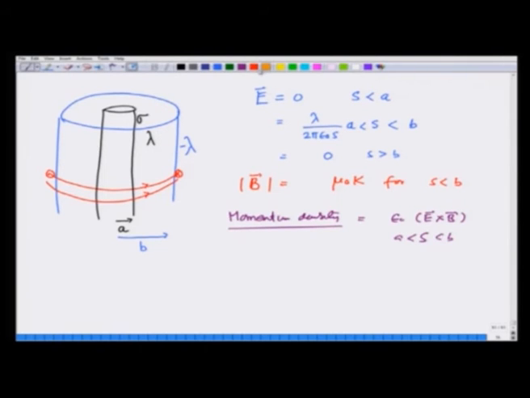Let us see the directions. E field is pointing away from the inner shell.